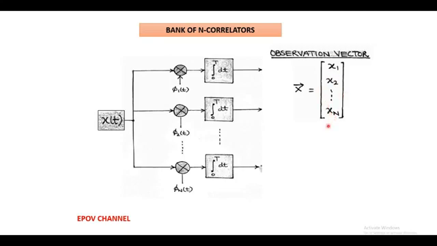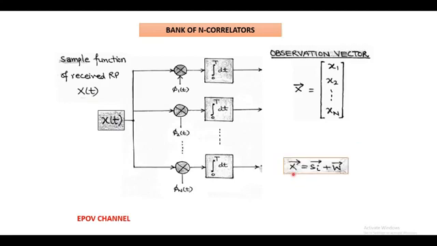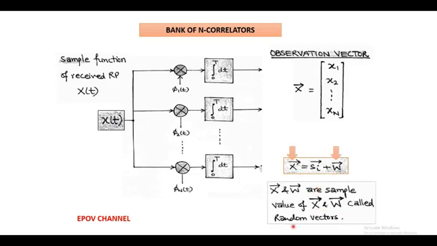Here, the received signal x(t) corresponds to the sample function of the received random process, that is capital X(t), and at the output small x vector and w vector are the sample values of the capital X vector and W vector respectively, called random vectors.